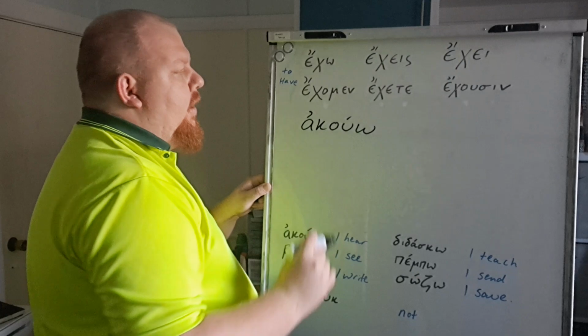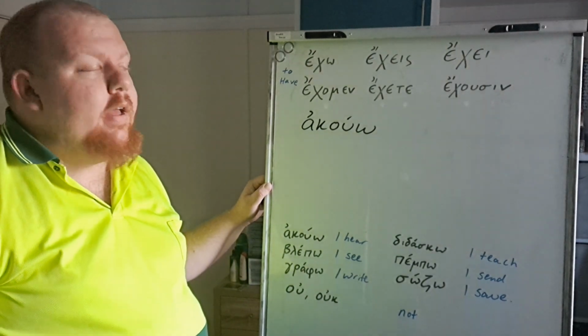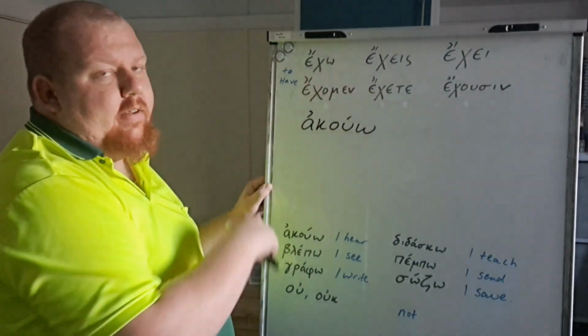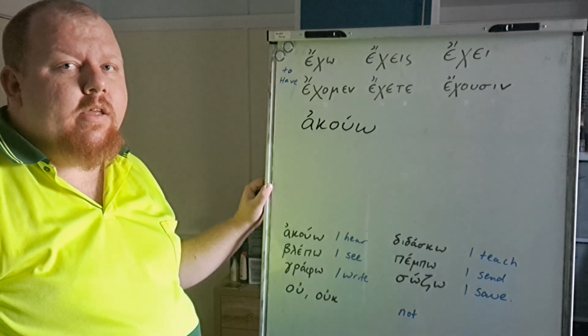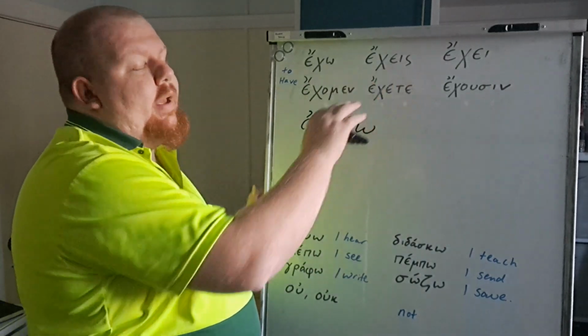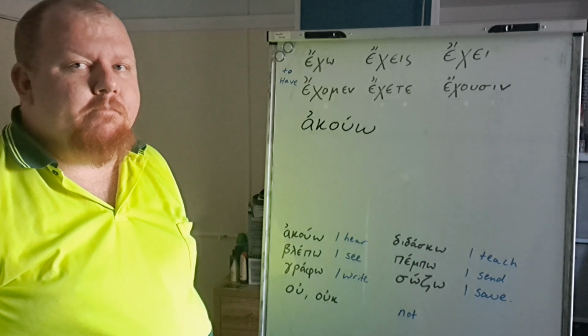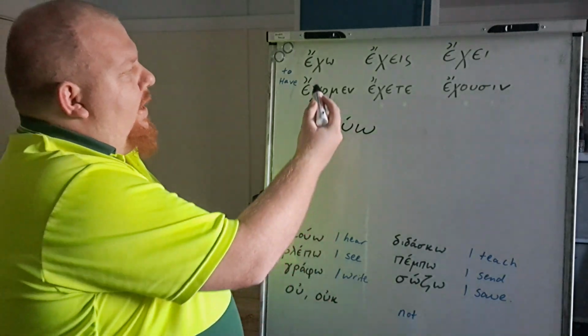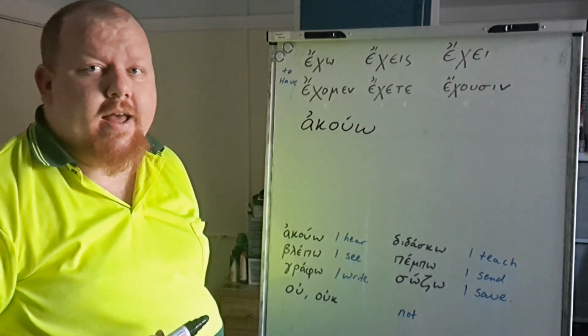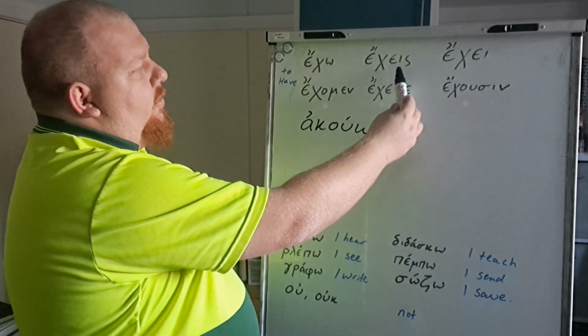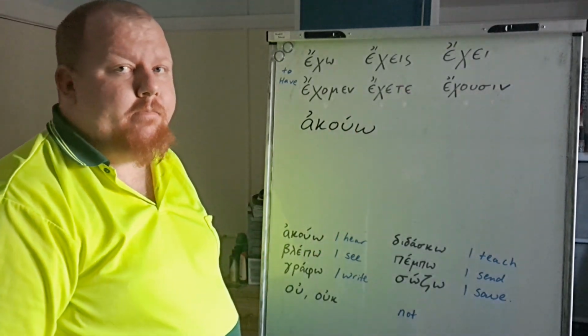Akuo. I hear. Now, this is the same as hear, which is echo. So how do you think you'll get you hear? Well, in the same way, you've got to drop the omega and add the epsilon, iota, sigma ending.